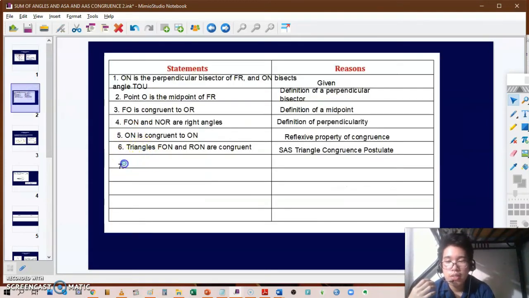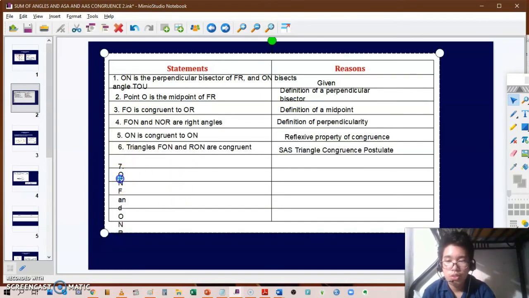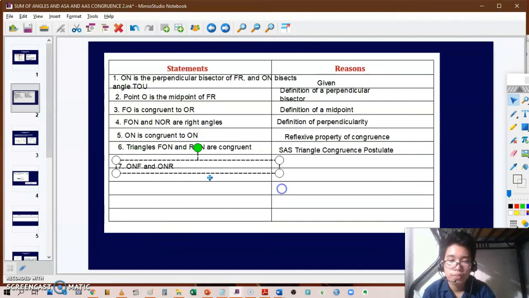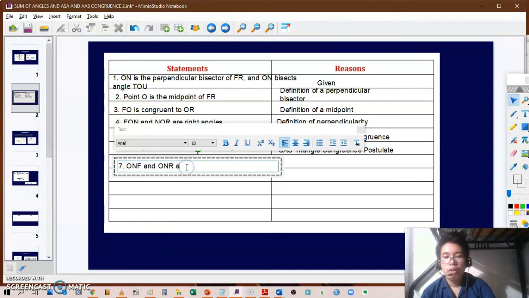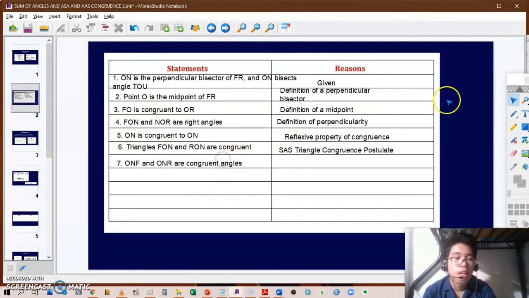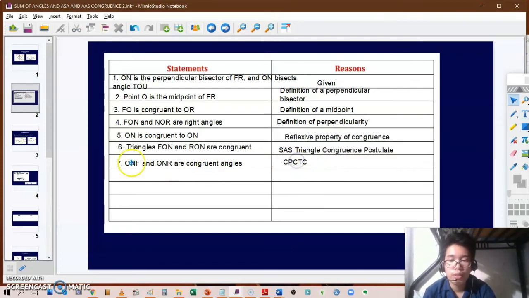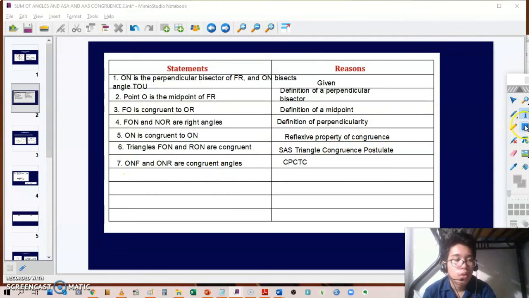Let's write it very neatly: they are congruent angles because of CPCTC, congruent parts of congruent triangles are congruent.